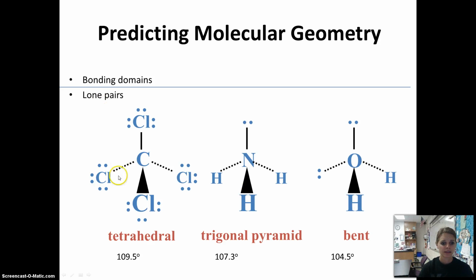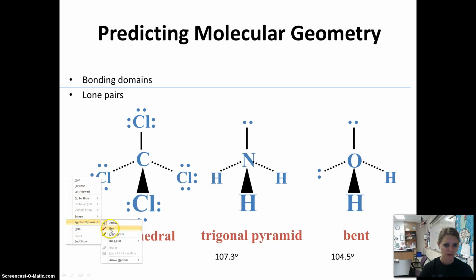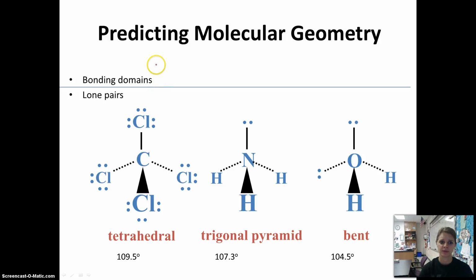If you take a look at the domains that we have, they all have 4 domains, but they do have different numbers of bonding domains. In the first one, 4 bonding domains and no lone pairs around the carbon. The second one, this guy right here, has 1 lone pair, and I happen to have 3 H's, 3 bonding pairs.